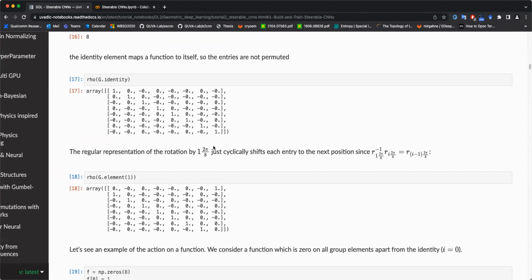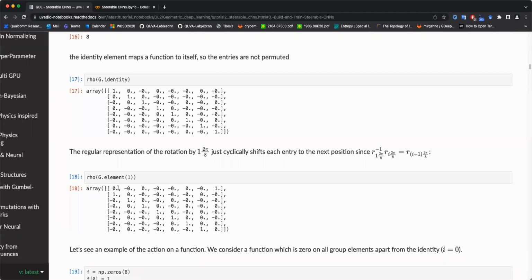So a shift by 1 always moves you one step further, until you reach 8 and you start again from 0. And this is implemented by this 8 by 8 matrix. Maybe it's not rendered super nicely because there are a few minus signs and 0 points, but you can see this is just a cyclic permutation of the 8 entries by a step of 1.